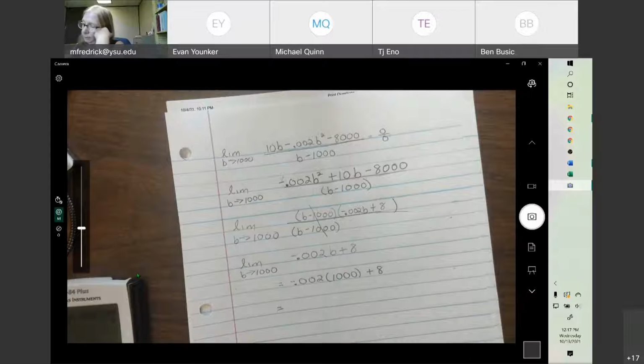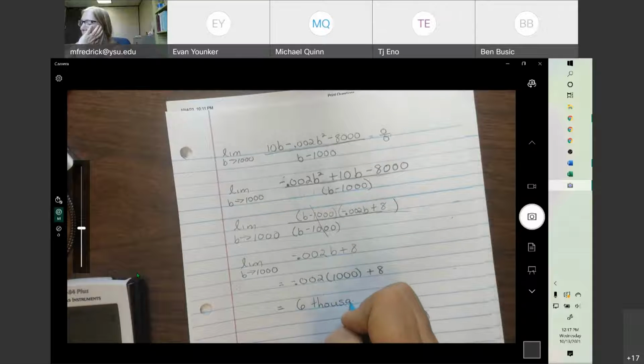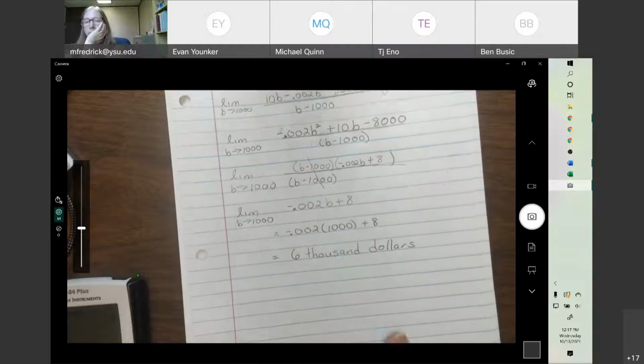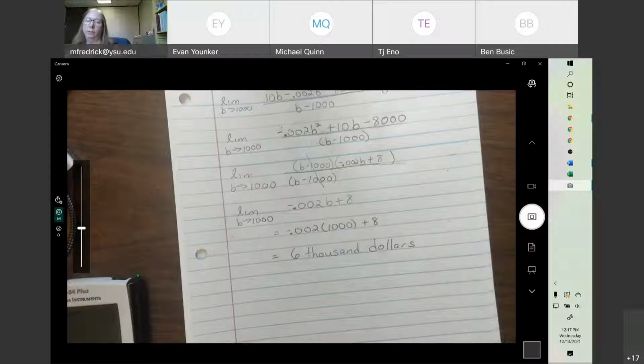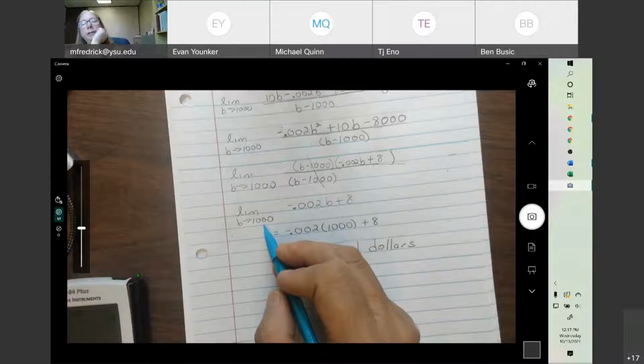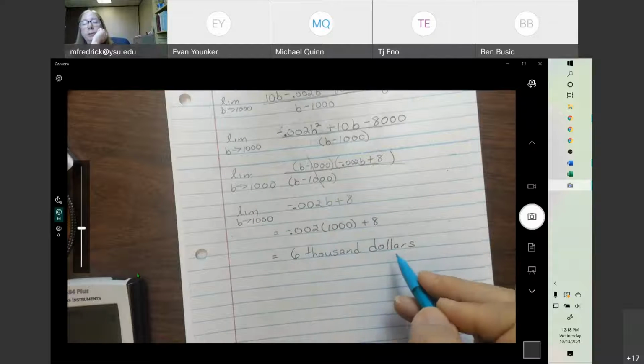Two, 10. No, that's a negative. So we get $6,000. If we are already selling 1,000 units, if we sell one more, we'll make an additional $6,000.